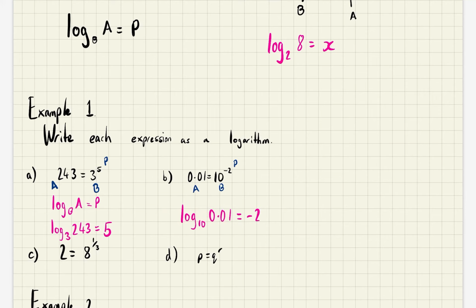So if you did type into your calculator log 0.01, it will give you the answer of negative 2. So that can be done in the calculator. This can be typed into the calculator and you will get this as an answer.